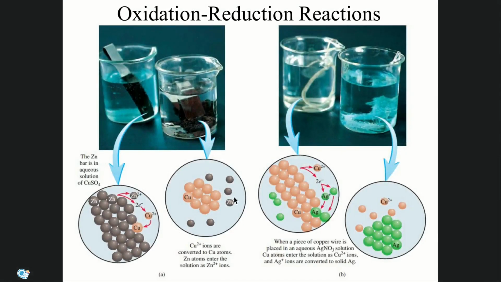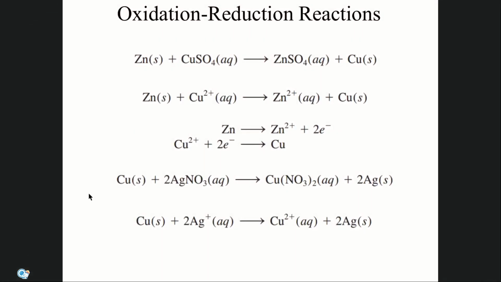When metallic zinc is added to a solution containing copper sulfate, the zinc reduces copper 2+ by donating 2 electrons to it. And you can see it in this reaction.